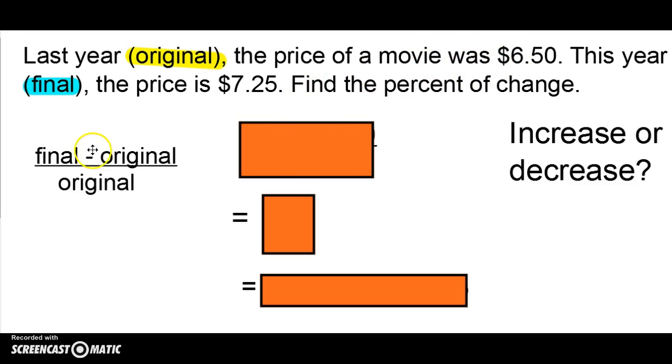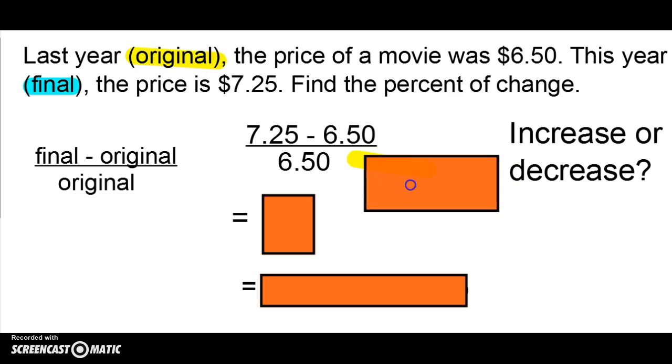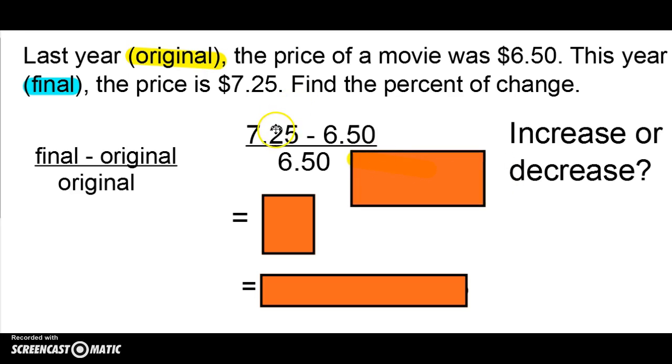Okay, so you'll take the final, which is $7.25, and subtract the original. So the final minus the original, and then divide by the original.